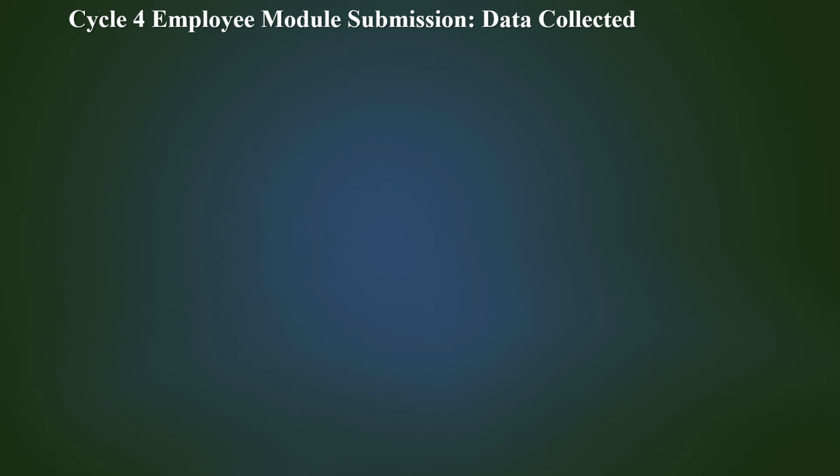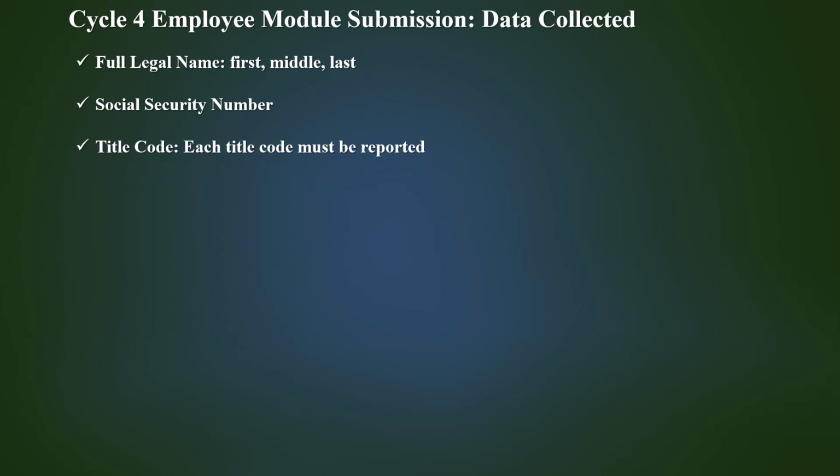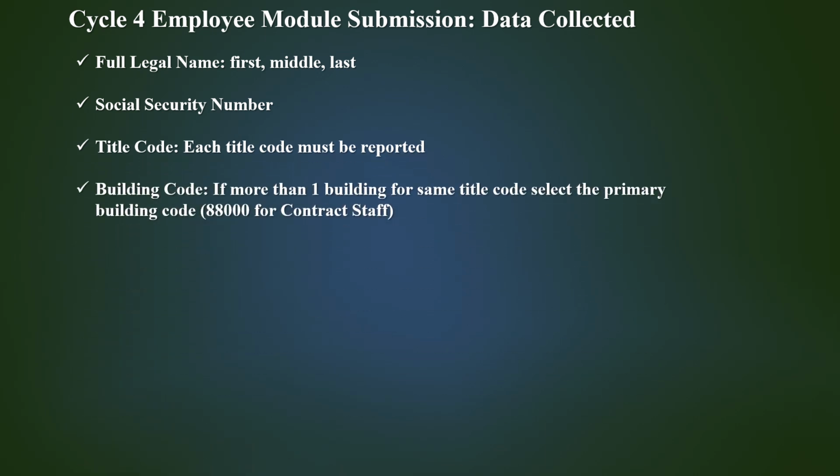These are the fields that are pulled for employees in Cycle 4. Full legal name, first, middle, and last. Social Security number. Title code, in which each code must be reported. Building code. If there is more than one building for the same title code, please select the primary building. 88,000 is for contract staff only. Grade level, which represents only K through 12.